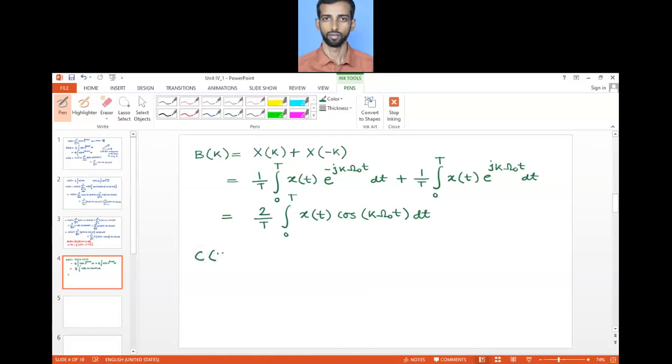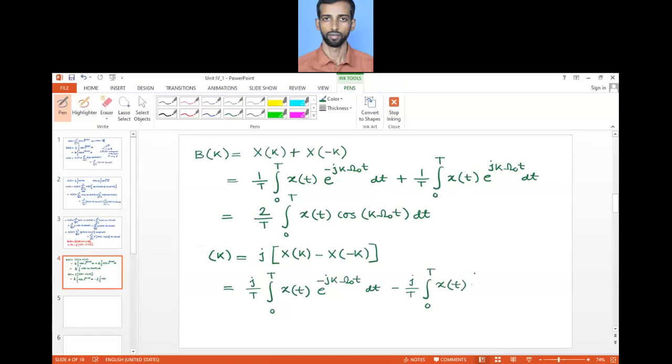Next is how to find the ck. The ck value follows the same procedure of calculation, that is j times x of k minus x of minus k. That will give us j by T integration over 0 to T x of t e to the power minus jk omega naught t dt, minus j by T integration 0 to T x of t e to the power jk omega naught t dt.